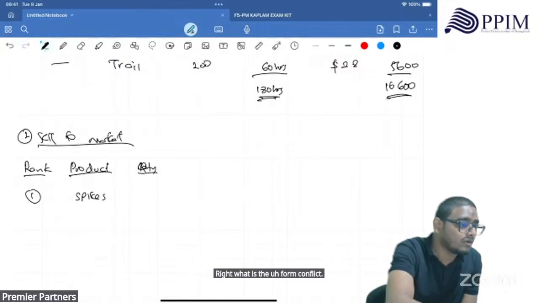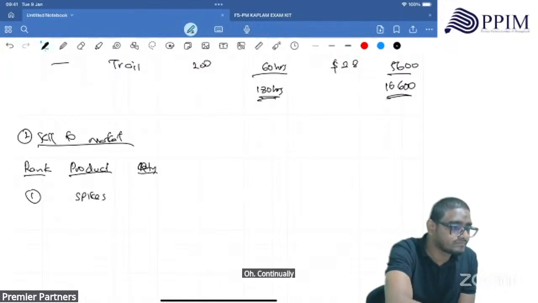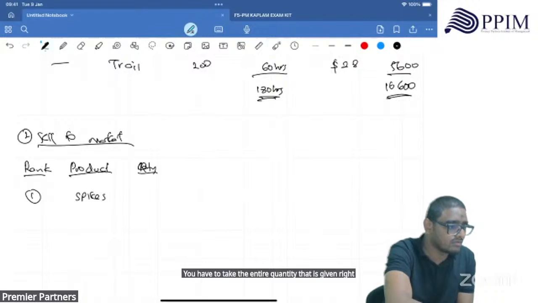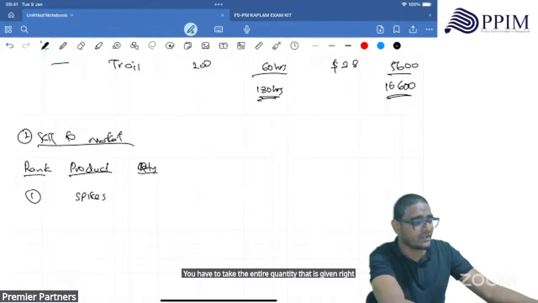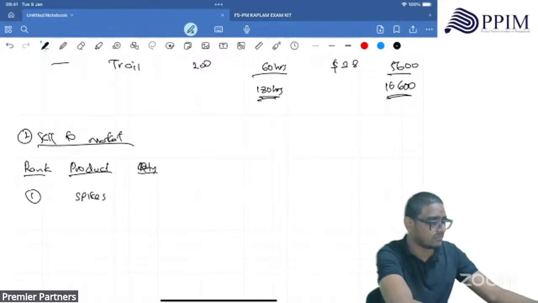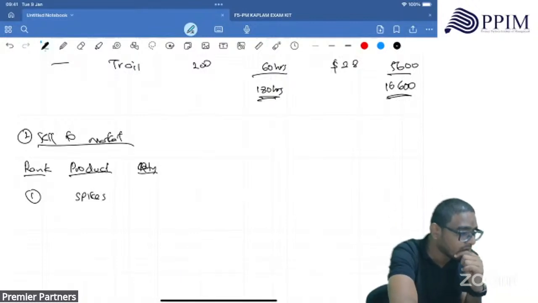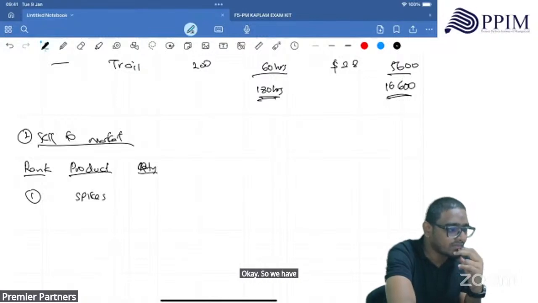Now, don't forget, you have to take the entire quantity that is given. Page 191. Okay, so we have 1,400 spikes that we want to sell.